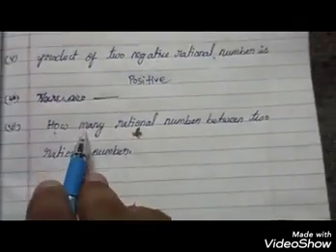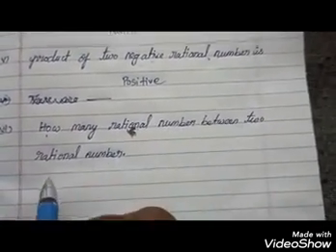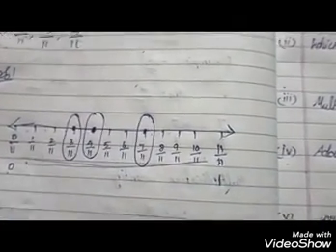Next, how many rational numbers are there between two rational numbers? If we take 0 and 1, 0 is one rational number, 1 is another rational number. You can see 1 by 11, 2 by 11, 3 by 11, 4 by 11. So many rational numbers are there.